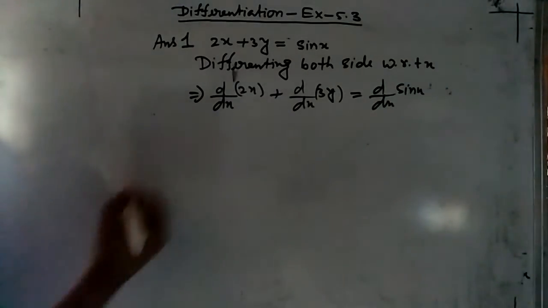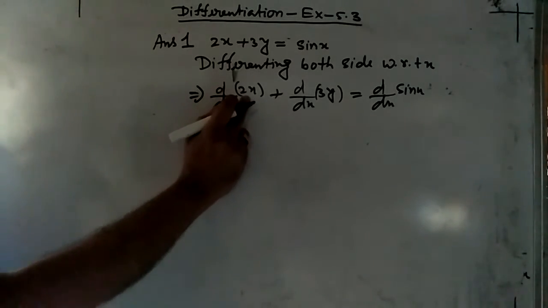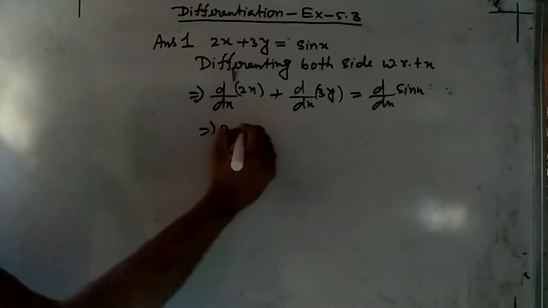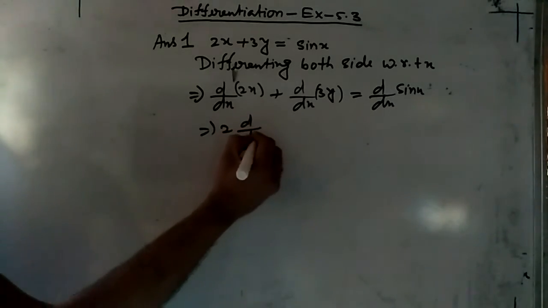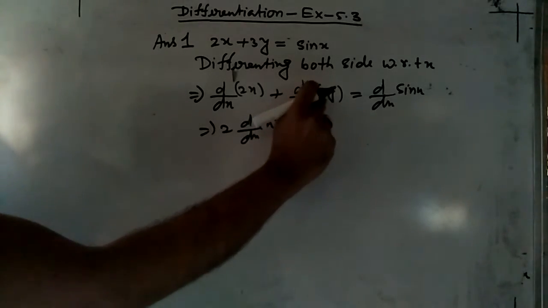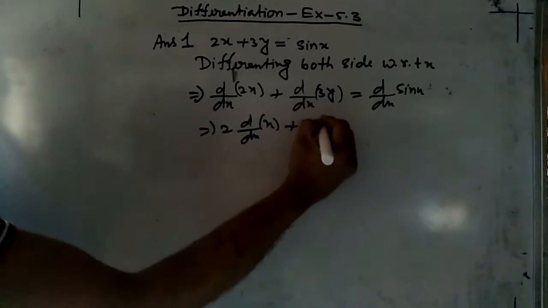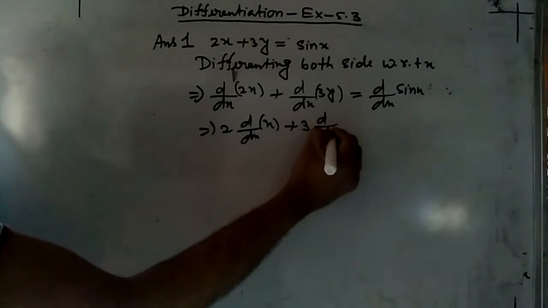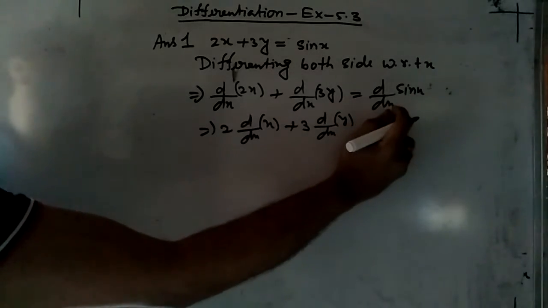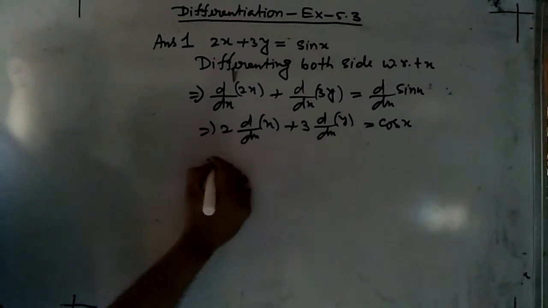If you differentiate 2x with respect to x, then 2 is a constant, it will be outside, d by dx of x. 3 is a constant number, so you will keep it outside, d by dx of y, and the derivative of sin x with respect to x will be cos x according to the formula.